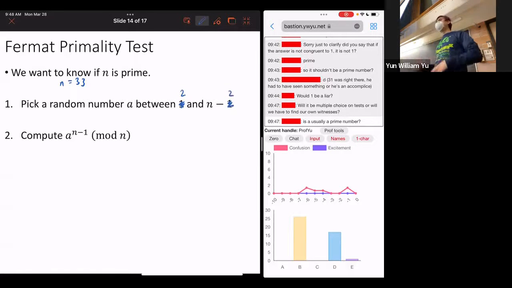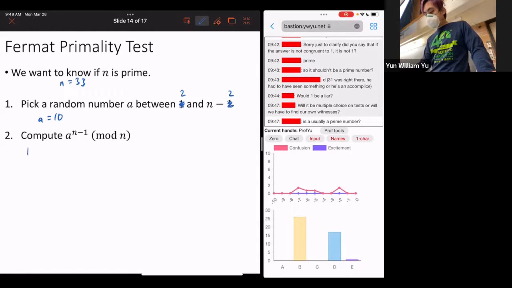Because for complicated reasons, 1 and n minus 1 are just bad numbers to choose because they'll very often be liars. But a random number between 2 and n minus 2 is usually pretty good. So you might pick, say, a is equal to 10. Then you compute a to the n minus 1 mod n. So 10 to the 32 is congruent to 1 mod 33.